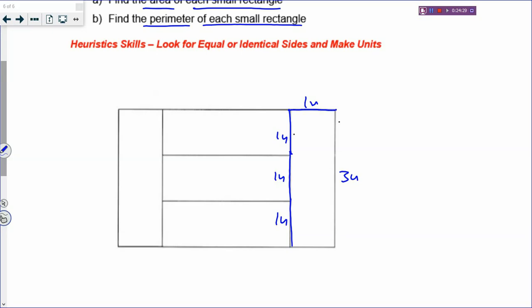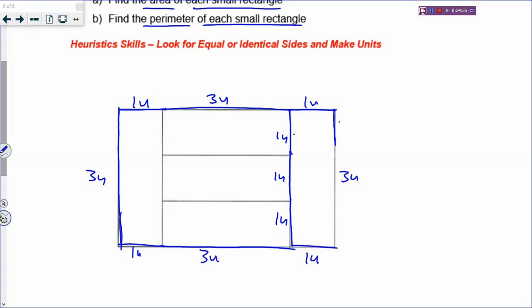And this is your 3 units, which is the length of a rectangle. This is the breadth of a rectangle, which is another 1 unit. And then this side is your 3 units, because it's the length of a rectangle. And then this is the breadth of a rectangle, 1 unit. This is the length of a rectangle, which is 3 units. Then the breadth again, which is 1 unit.